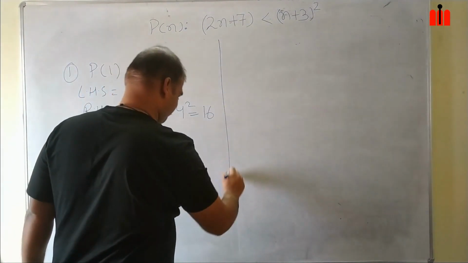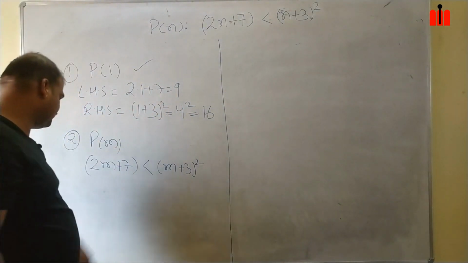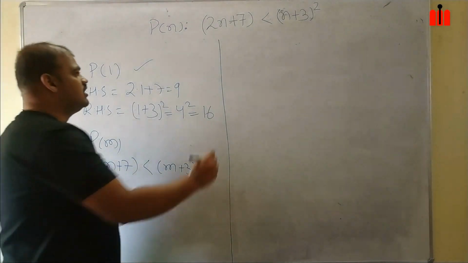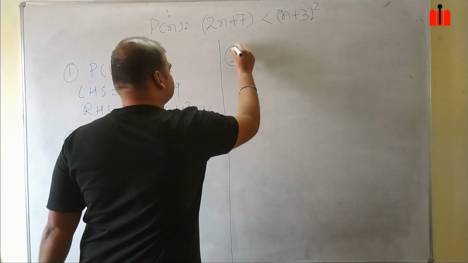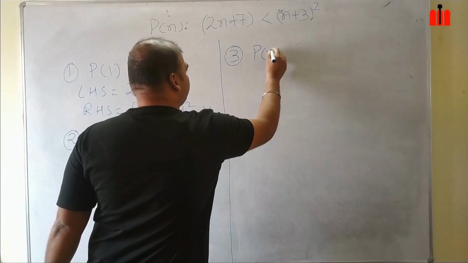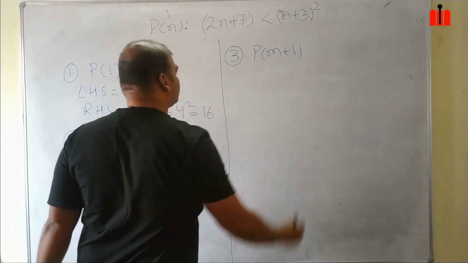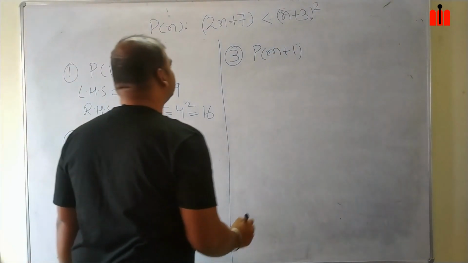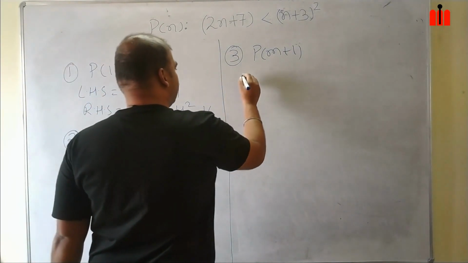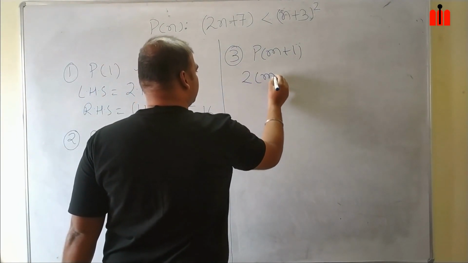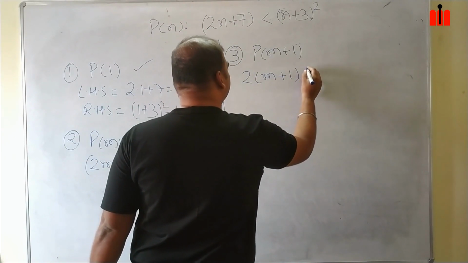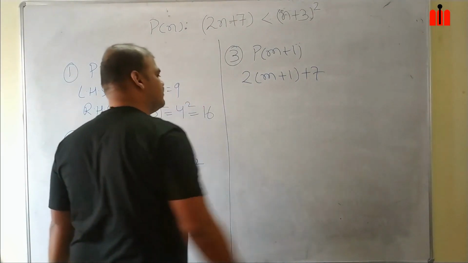Now let's come to our main induction step, which is our Pm plus 1. In Pm plus 1, what will be my LHS? My LHS will be 2 into m plus 1, plus 7.